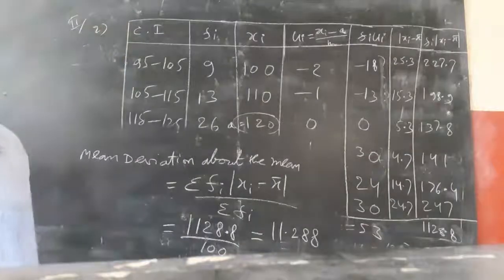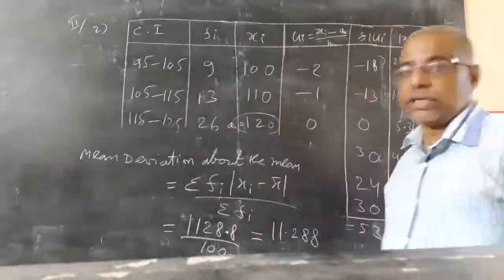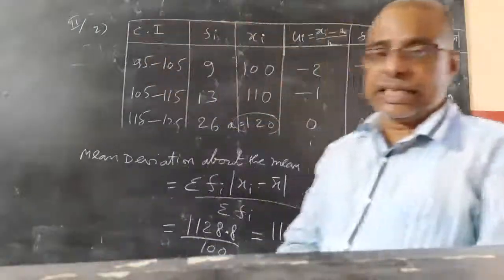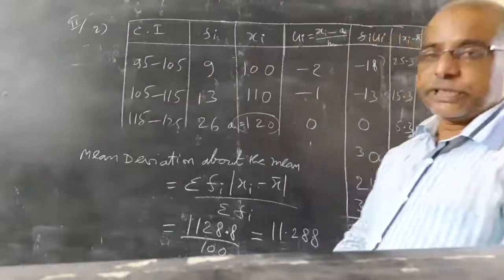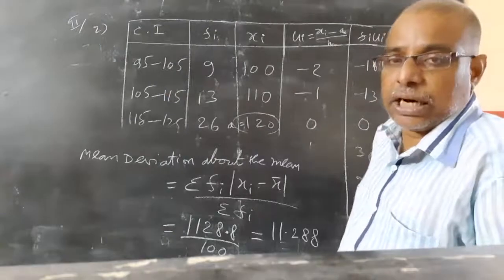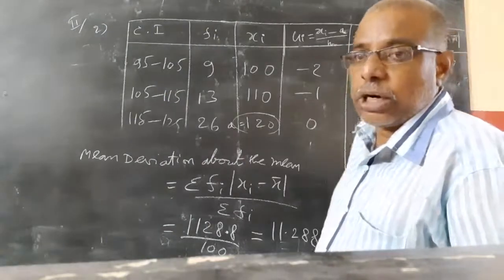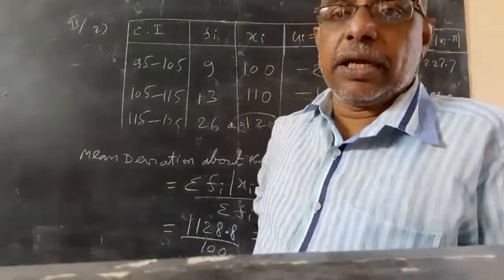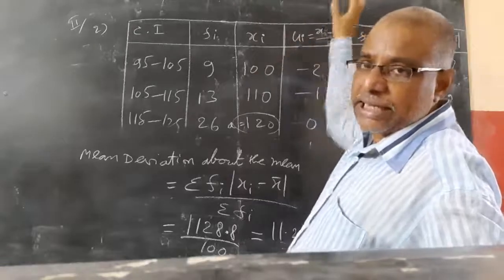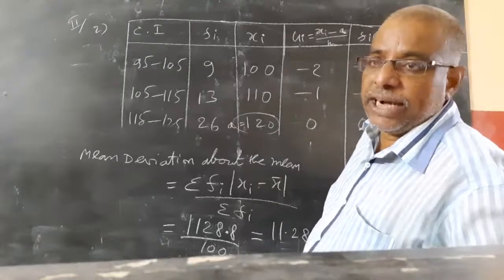So this is how we will calculate mean deviation about the mean if grouped data with class interval is given. First we will find the mean using the step deviation method. Mean deviation about the mean is sigma fi into modulus of xi minus x bar by n. For finding the mean we found xi as well as ui. Ui is xi minus a by h, and from fi into ui we get sigma fi ui.